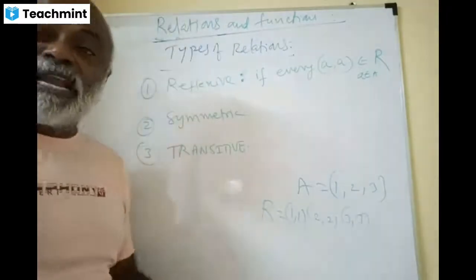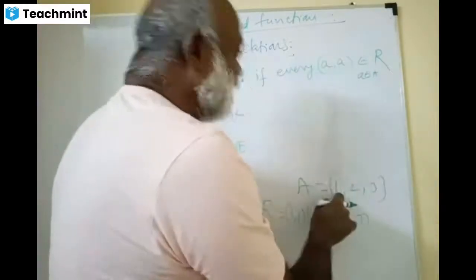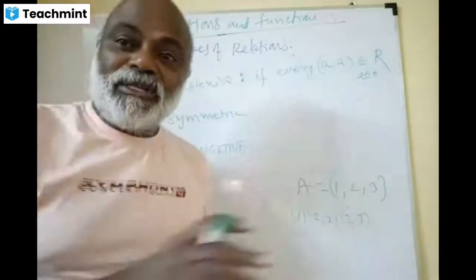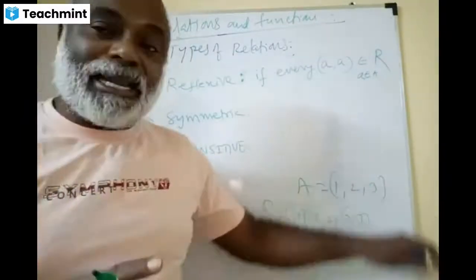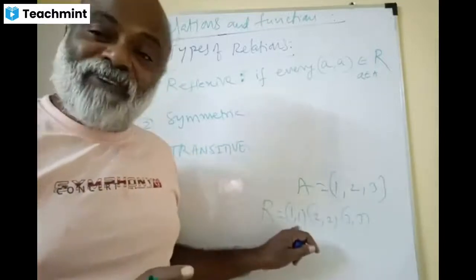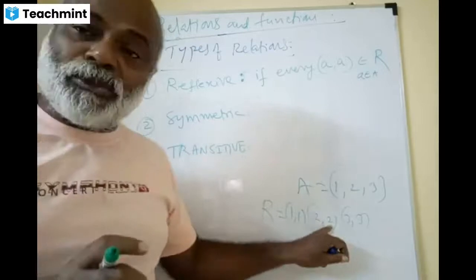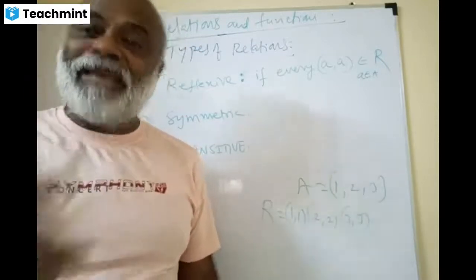That's what I am using, the words every (a, a). If a is 1, then it's (1, 1); 2, (2, 2), in the pattern. If A is {1, 2, 3}, R will be a reflexive relation, it must have (1, 1), (2, 2), (3, 3). That is the meaning of every.